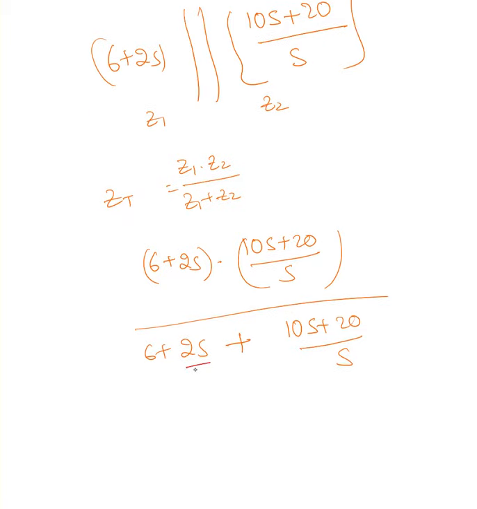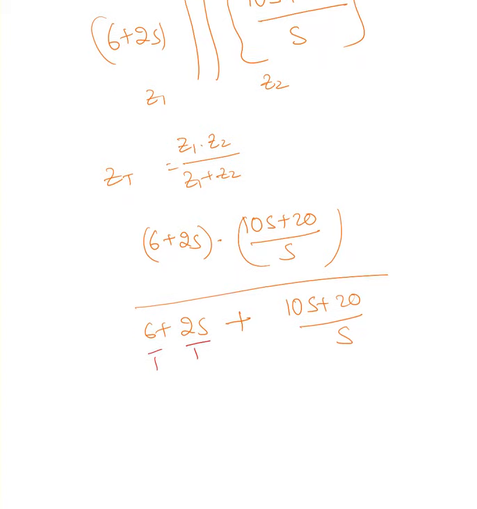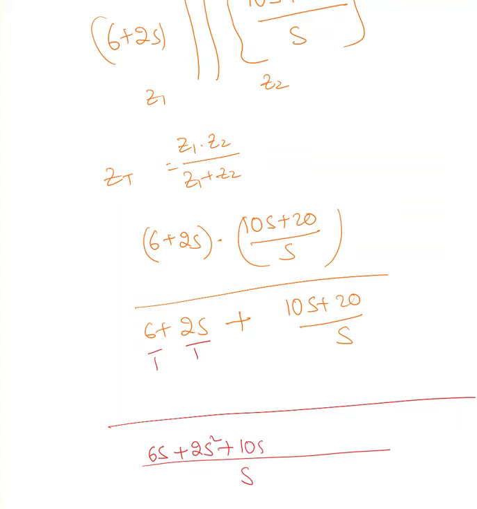Now I'm going to do the LCM in the denominator so that I can eliminate the s there. In the denominator I have s, so I have to multiply 6 with s, plus 2s square plus 10s plus 20.